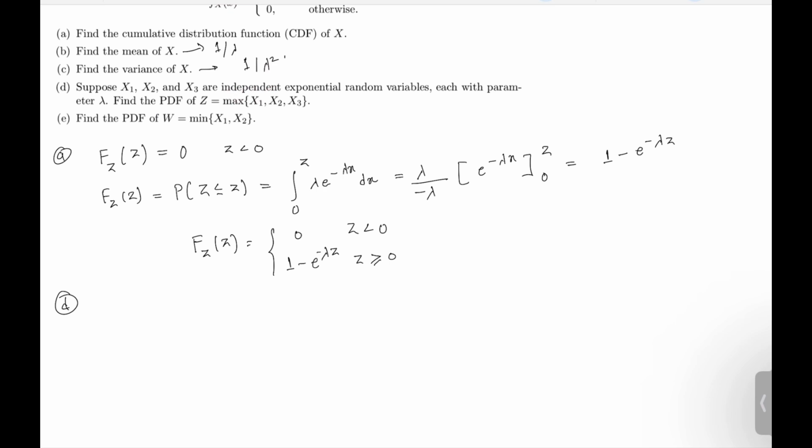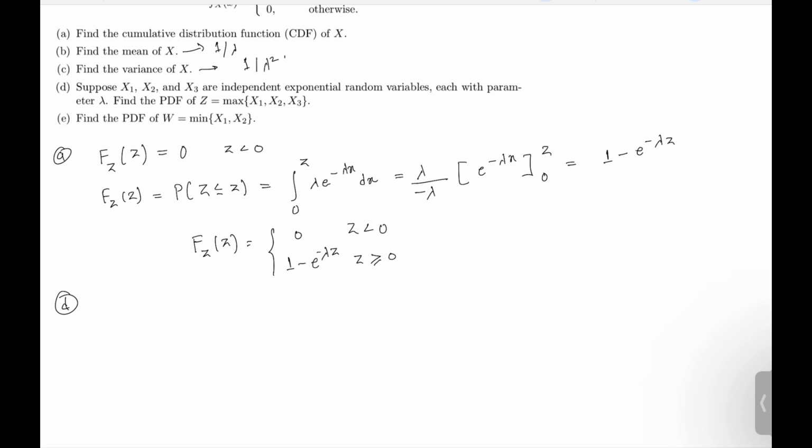And we have defined a new random variable based on the existing random variables, right?